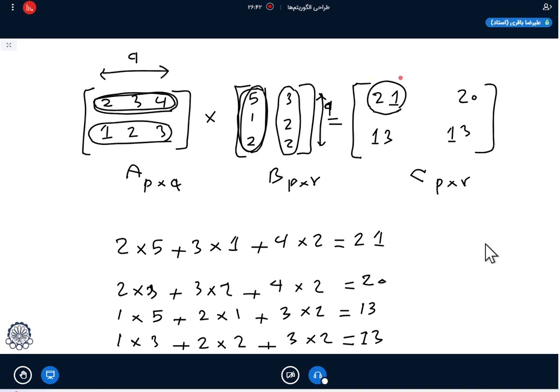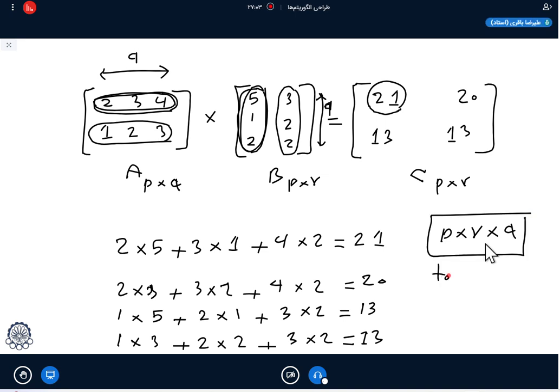And for each item of C, we should do Q multiplications. So the total multiplication for computing C is P multiplied by R multiplied by Q.